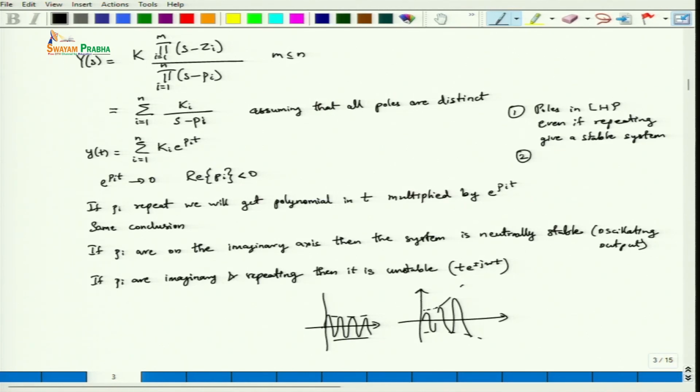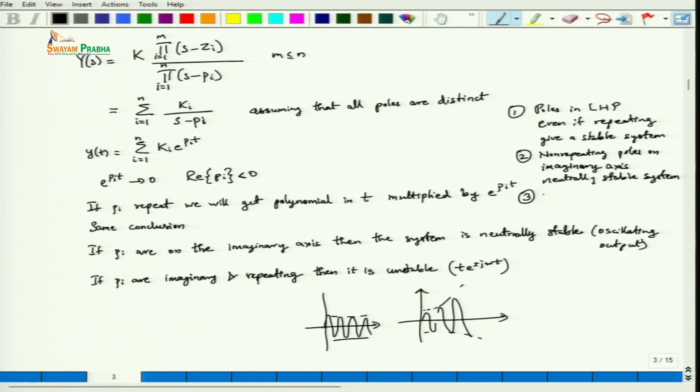The second case is non-repeating poles on the imaginary axis result in a neutrally stable or marginally stable system.